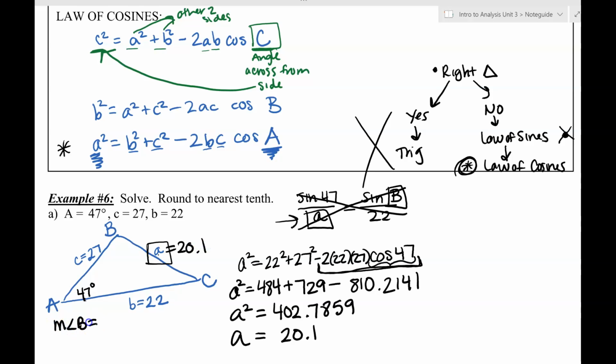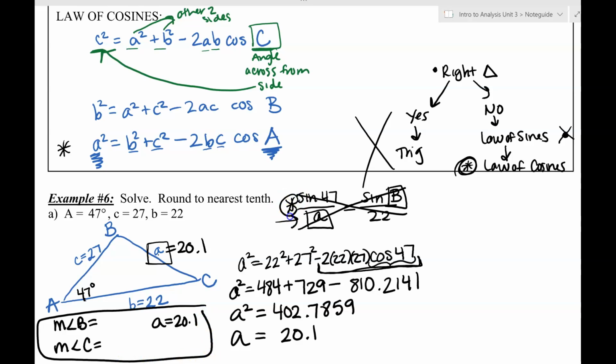I'm still missing angle B and angle C, but I found out that A is 20.1. Now I can actually use this formula that I crossed out for law of sines, because now it would look like sine of 47 over 20.1 equals sine of B over 22.